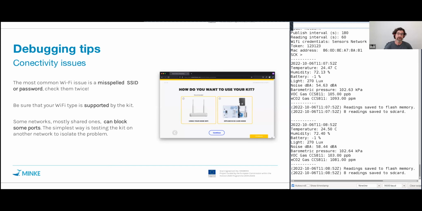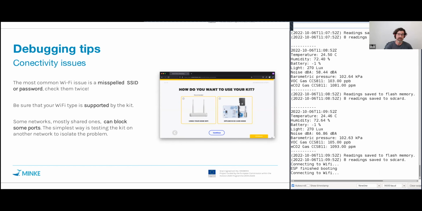So it's important, if you find a strange problem around connectivity, to check the kit in a normal Wi-Fi network to see if everything is working in that case, and then to move it again to the network that's failing to try to isolate the problem.